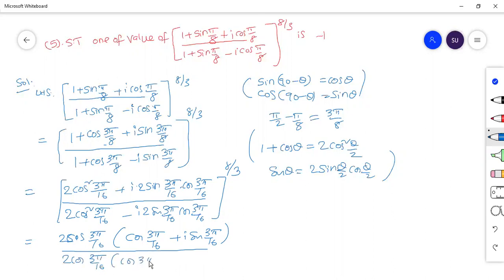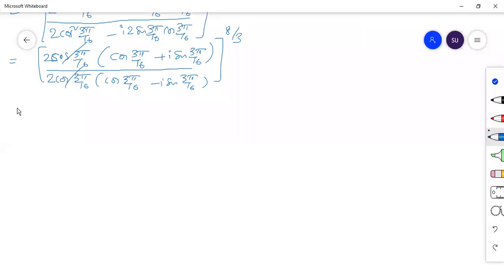Here cos 3π/16 minus i sin 3π/16, whole to the power 8 by 3, right? Now these two terms, let's cancel, and now here numerator and denominator have the power 8 by 3.